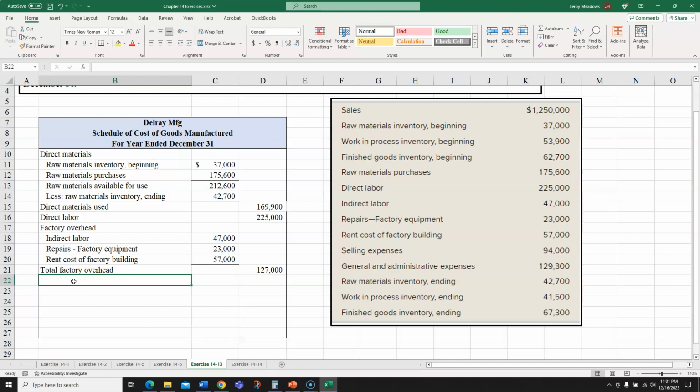I remember that my overhead costs incurred, plus I have to add in my work in process inventory, beginning, was what? $53,900.